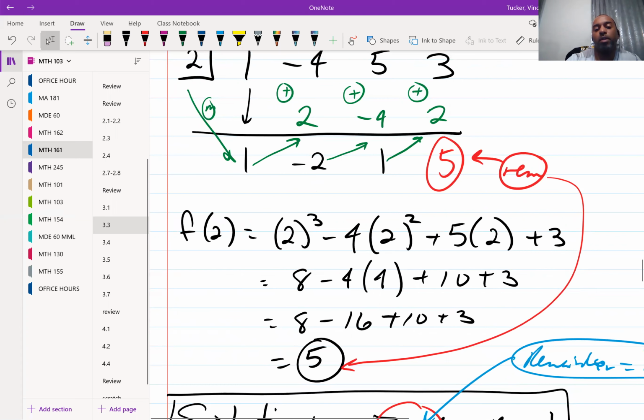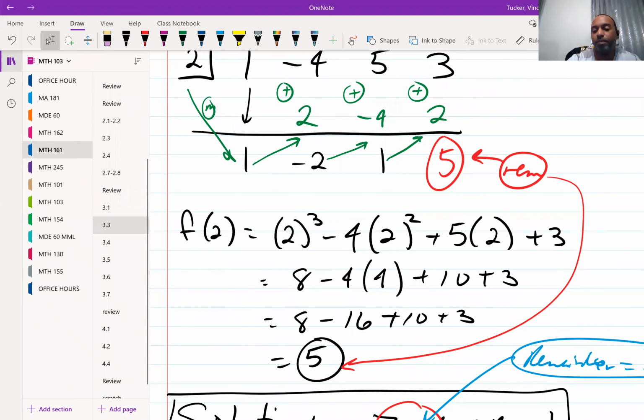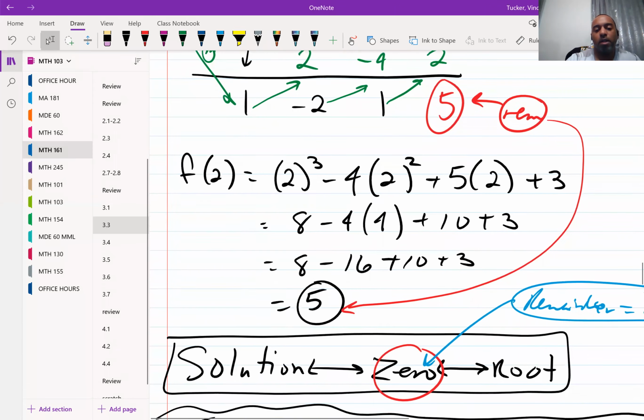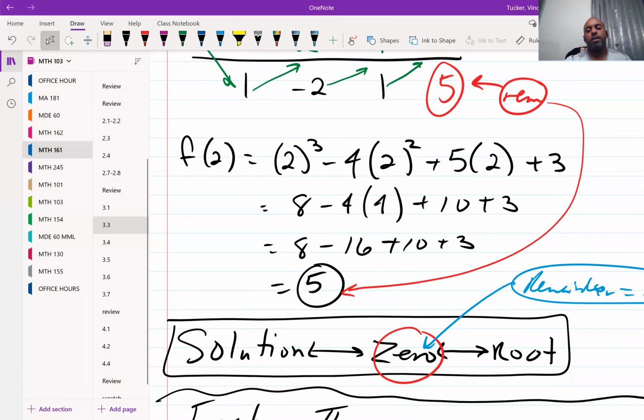All right. Any problems with the remainder theorem? All right, so here in that black box, I'm just giving you the lens on terminology. Your solution, zero, and root all mean the same thing.